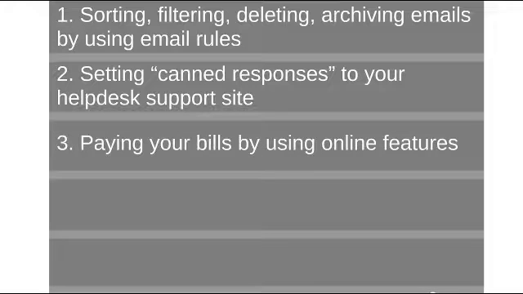Then, of course, you want to think about the mundane stuff. We all have bills to pay. Even though that might not be related to your career or business, it's still mundane and needs to be automated if at all possible.